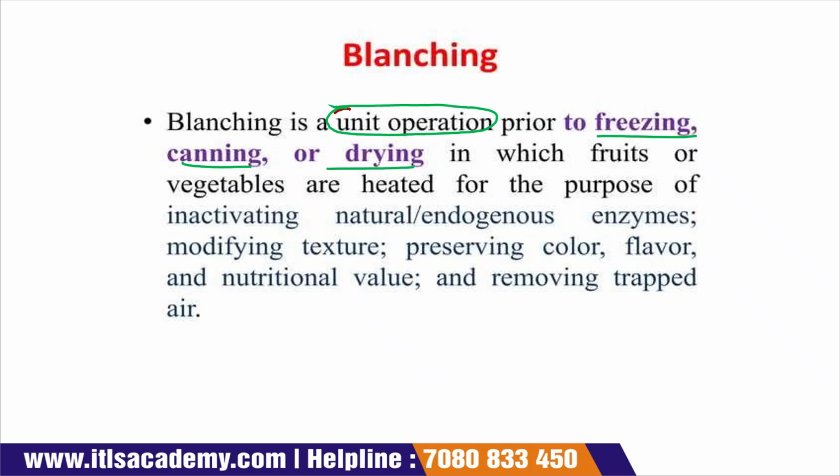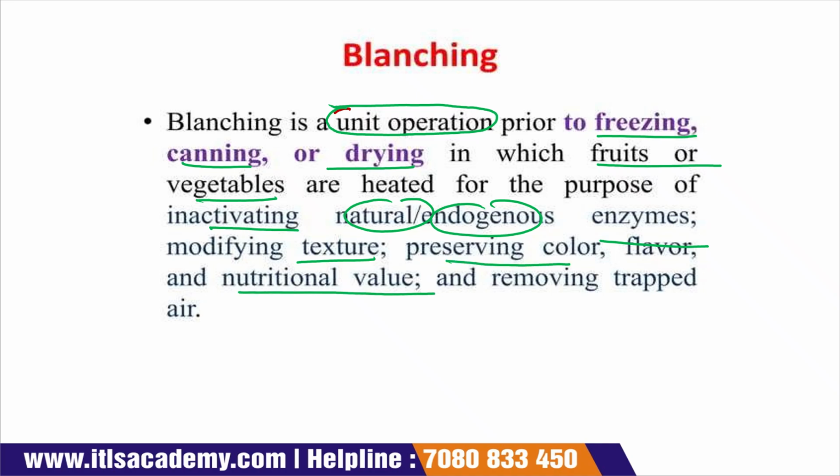It can be done in fruits or vegetables, which are heated so that it will inactivate the natural endogenous enzyme. Blanching also modifies the texture, preserves the color, flavor, and nutritional value, and removes the trapped air present inside the food product. That is known as the blanching process.